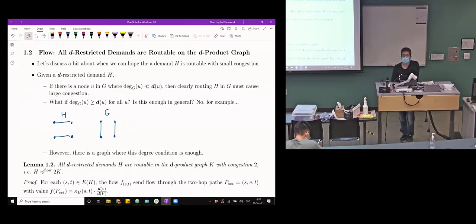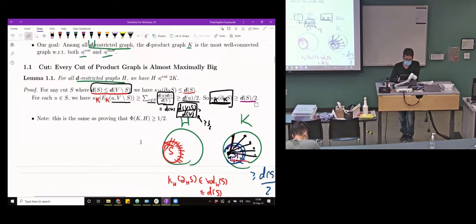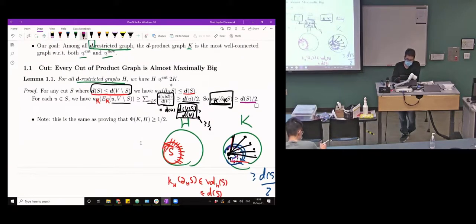So let's try to prove that. Yes. Here 2K is not D-restricted, right? Yeah, so 2K is not D-restricted. But then we are saying K is the maximum among the restricted ones, within a factor of 2. I ignore that.